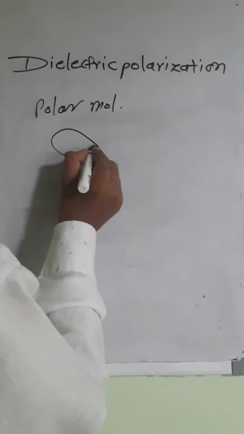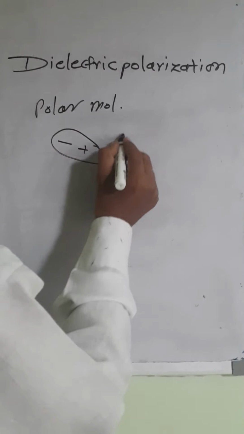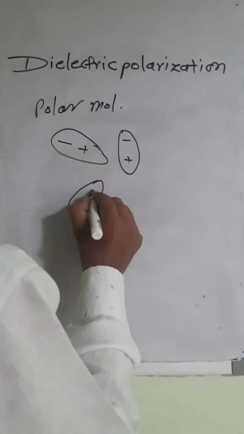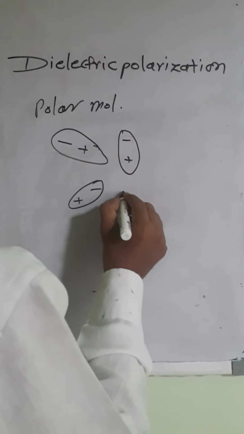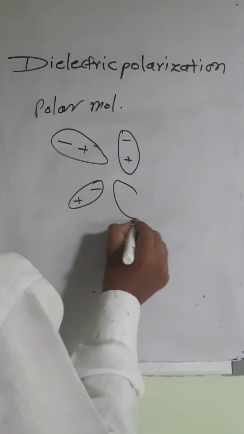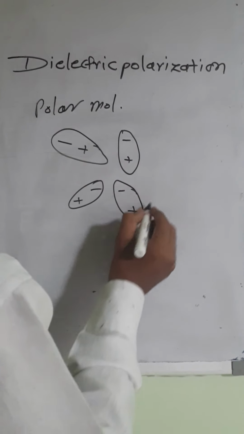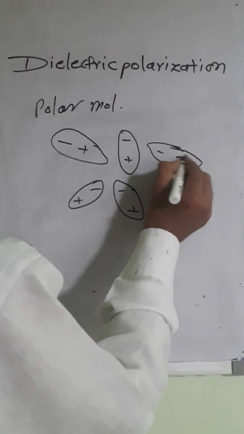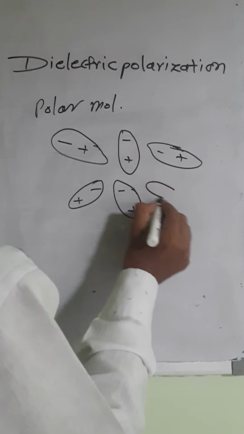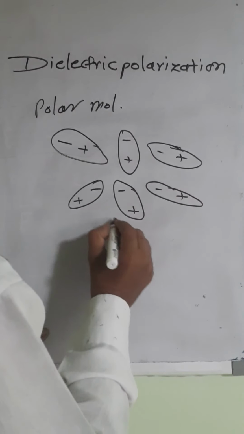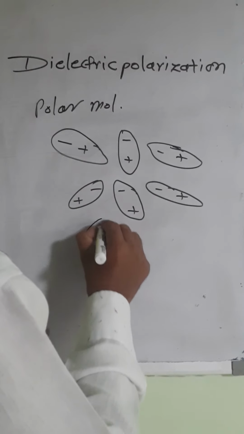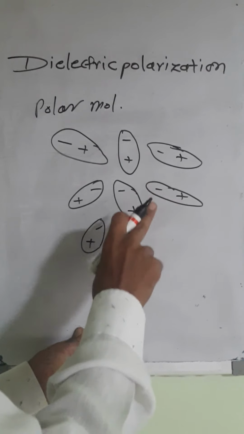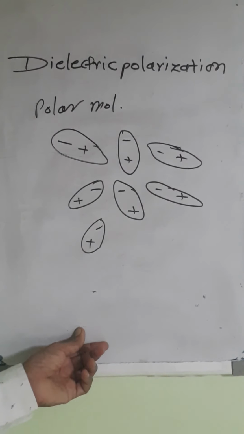Suppose the polar molecules are randomly present: negative, positive, negative, positive, negative, positive, and so on. So these are the polar molecules, but there is no external electric field present.